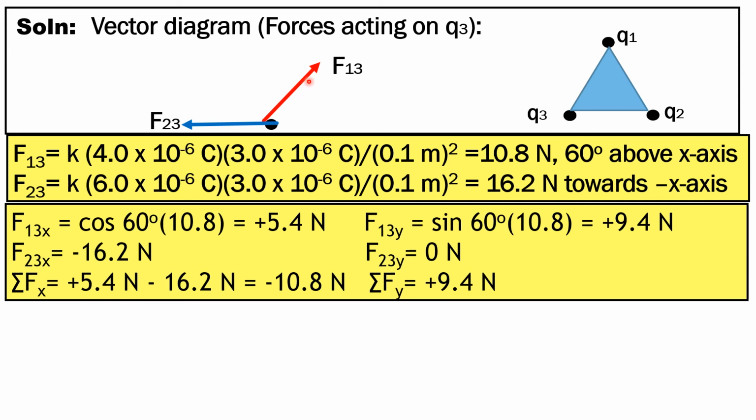The hypotenuse actually corresponds to the computed value of F13, which is 10.8 newtons. So using your calculator again, cosine 60 multiplied by 10.8 newtons will give us 5.4 newtons, which has a positive sign because that x component of F13 is directed towards the positive x-axis, or towards the right.